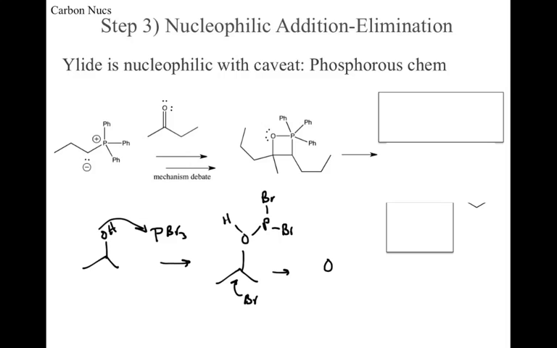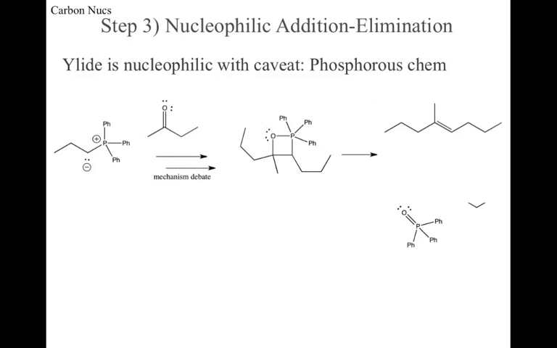So what ends up happening in that case is the oxygen does coordinate to the phosphorus, and we end up with this kind of phosphorus oxide compound. That phosphorus oxide is actually a pretty strong bond, and that's kind of what's driving this next situation. We see a swinging of electrons. The oxygen says, you know what, I'd rather share with phosphorus than with carbon, so it takes the electrons from carbon and makes a pi bond between the phosphorus and the oxygen.